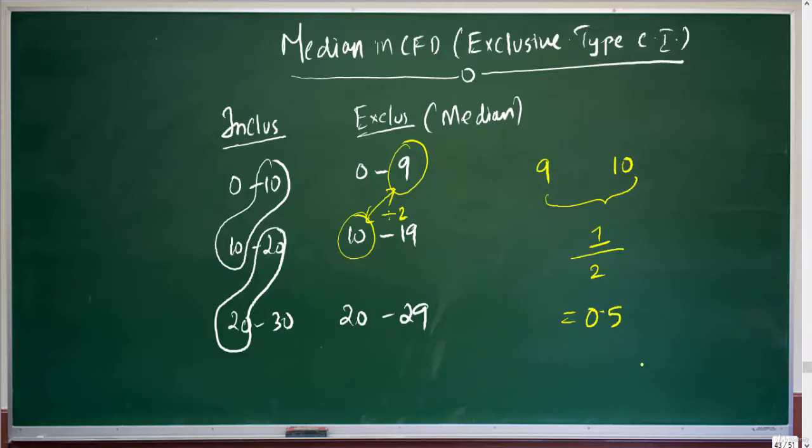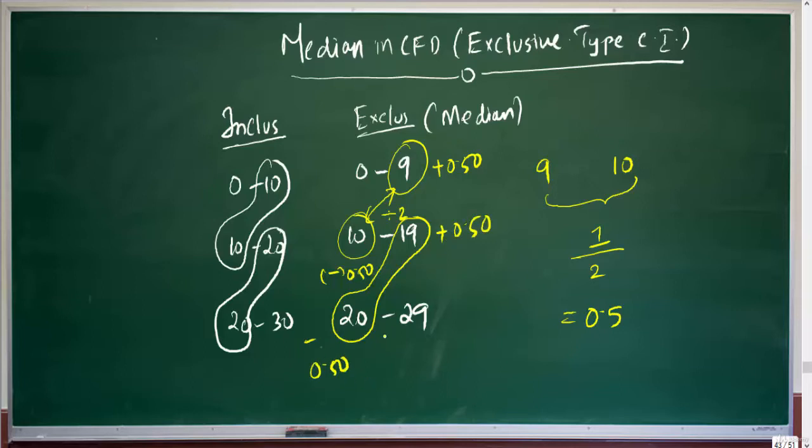Then what you have to do is add 0.5 to the higher limit and subtract 0.5 from the lower limit. Similarly for the next case also, 19 and 20. The difference is 1. 1 divided by 2 is 0.5. So plus 0.5, minus 0.5.